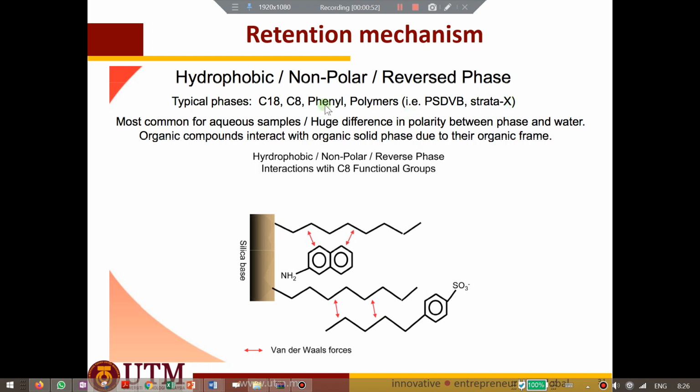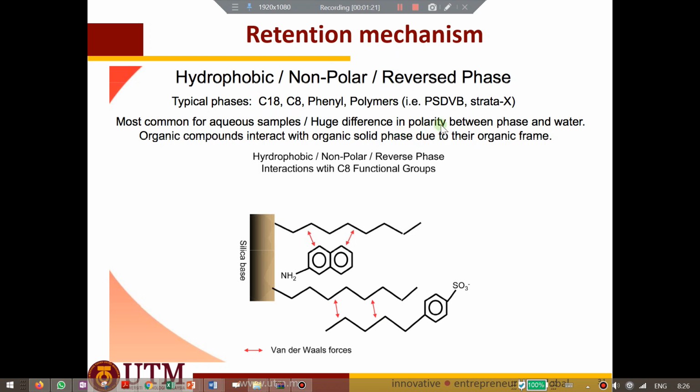I don't think you need to remember a lot of this, but just remember that C18 is of course a non-polar one, because C18 is a long carbon chain. Most common for aqueous samples. Why is that? Because the polar, aqueous sample will trap the non-polar sample.